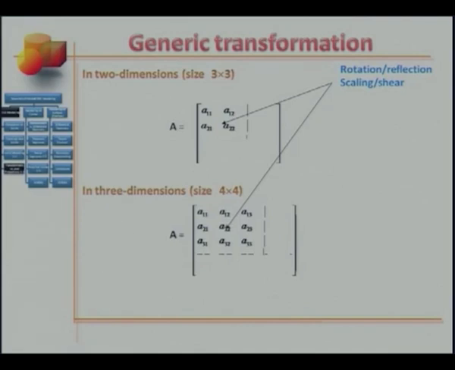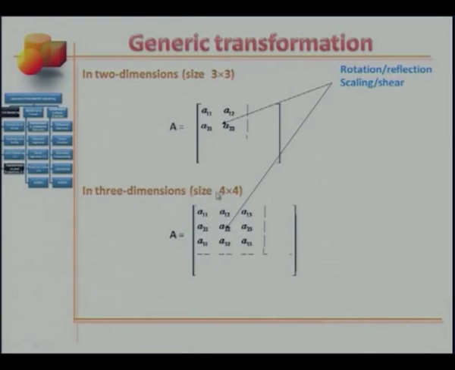We had noted in lecture 9 that this 2 by 2 submatrix is orthogonal in nature. That is, this matrix times its transpose is equal to an identity matrix of size 2 by 2.